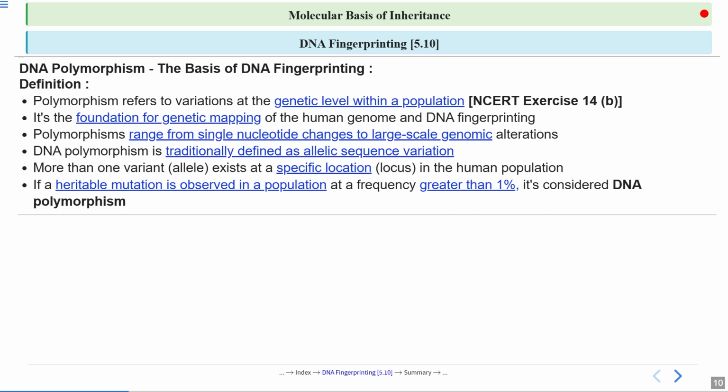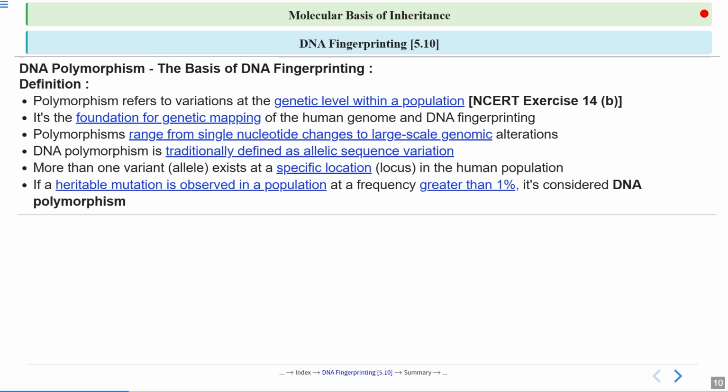Now, the fourth point is saying, let's understand. This polymorphism usually involves alleles. One gene can have multiple forms, which are alleles, in the population.